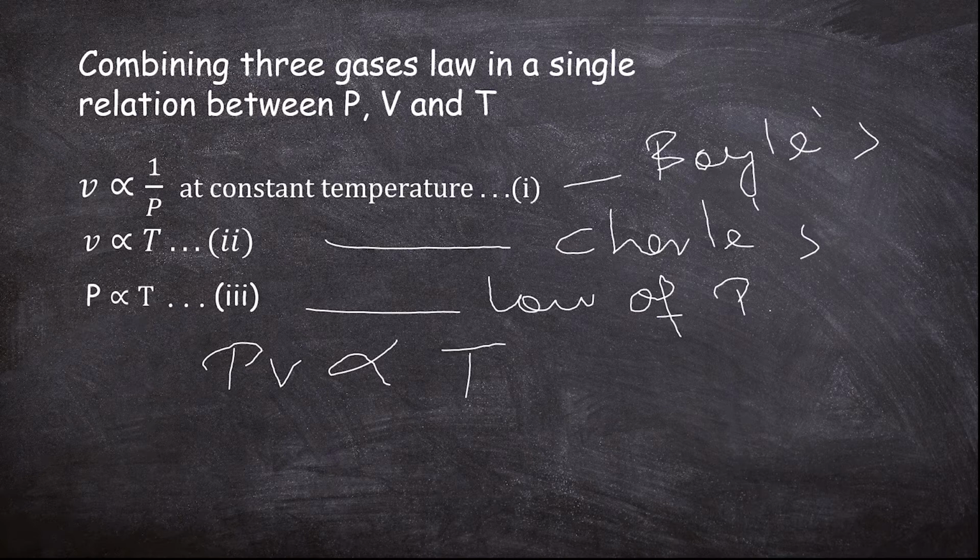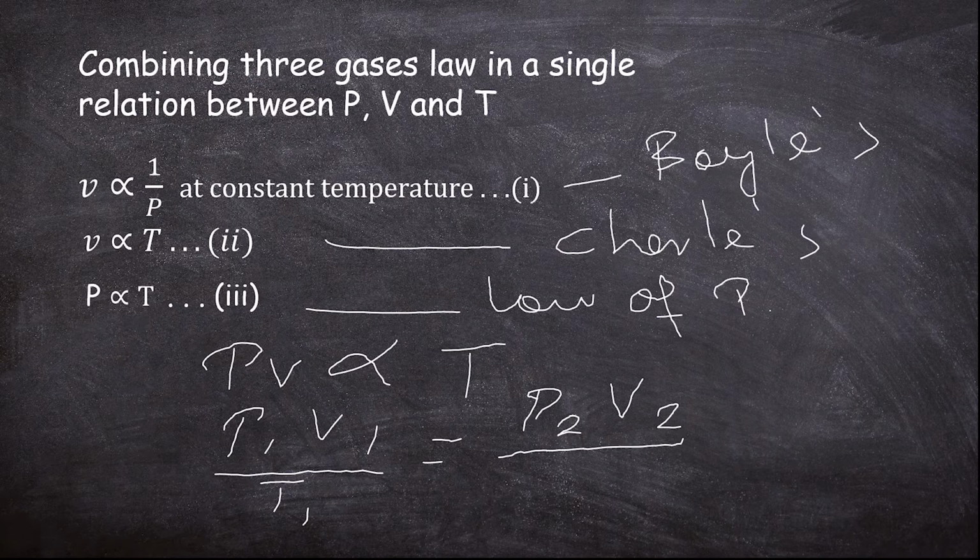So here we get a ratio. This is the initial pressure, volume, temperature, and this is the final pressure, volume, temperature.